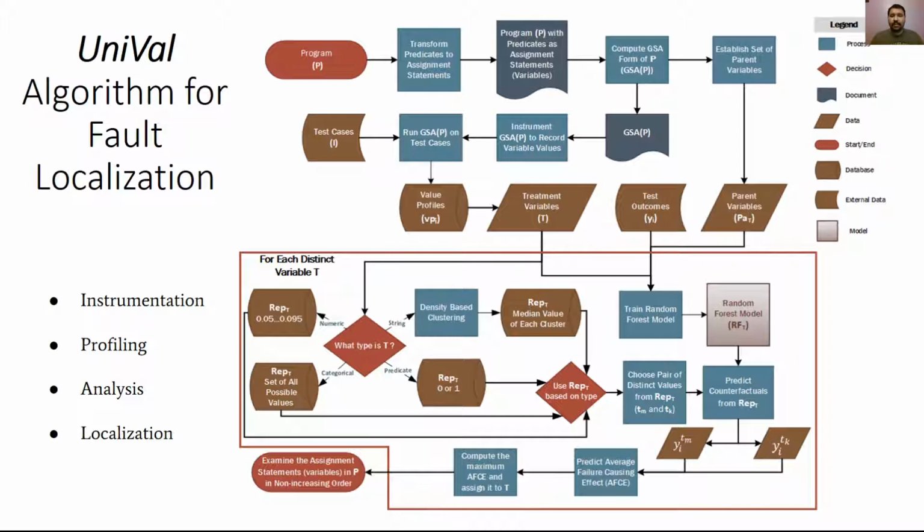And the trained model is used to predict the counterfactual outcomes for the representative treatment values. Individual causal effects are estimated for all pairs of representative values, and average causal failure causing effects are estimated by averaging the individual causal effects. The maximum of all pairs of representative treatment values for a statement is its suspiciousness score.